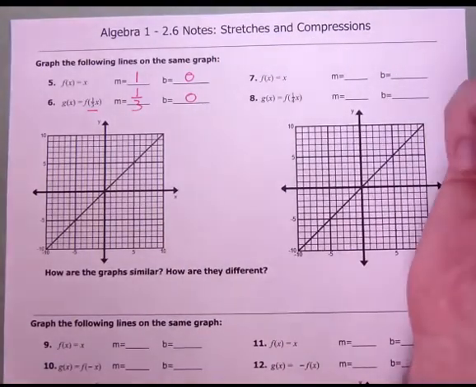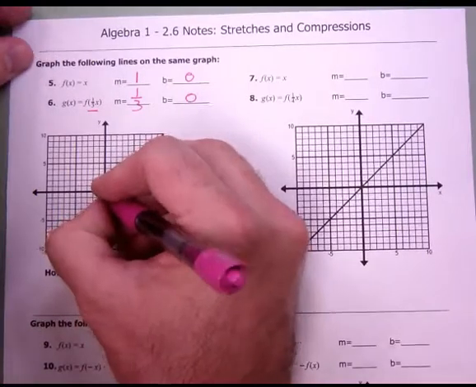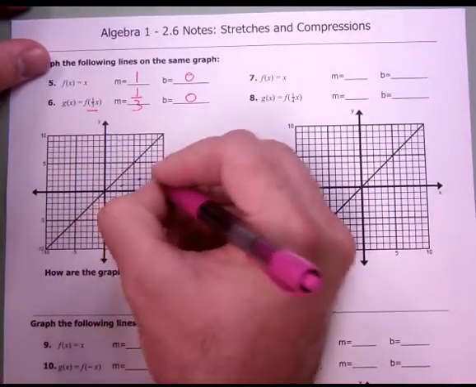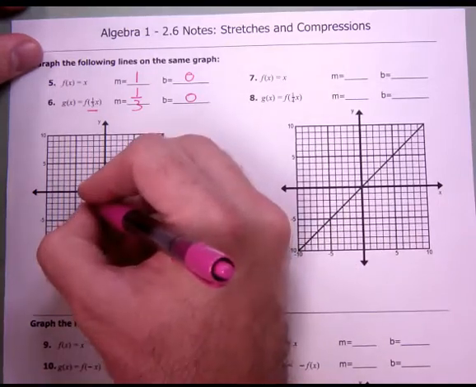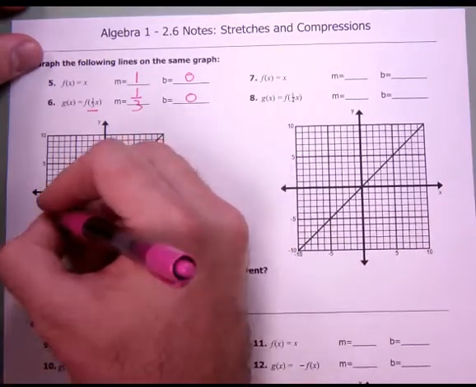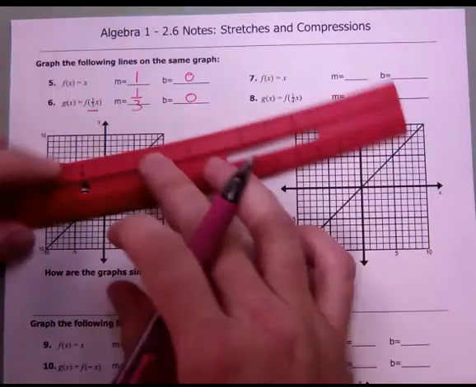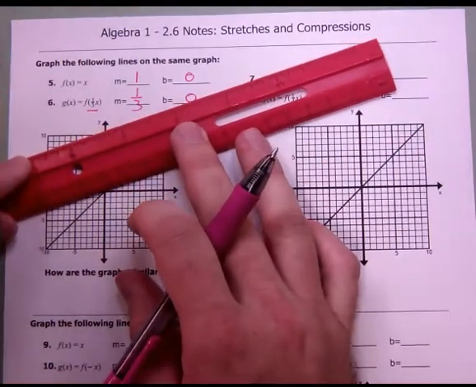Now this time we still have the same y-intercept, but the slope is 1/3. So we're going to go over 3 up 1, over 3 up 1, over 3 up 1. Give ourselves a few points in the other direction, down 1 over 3. And then of course we are going to connect those points.